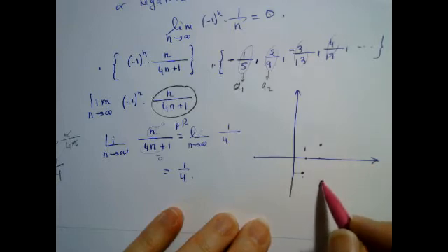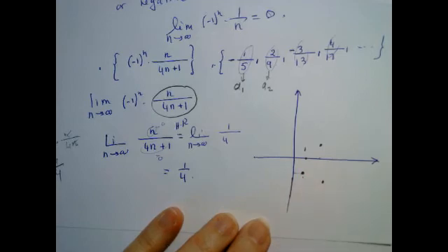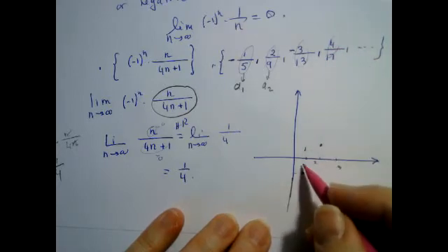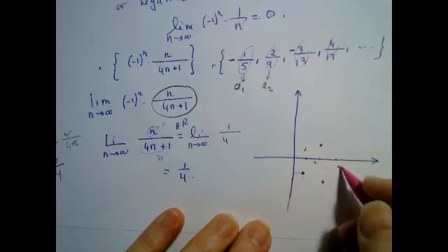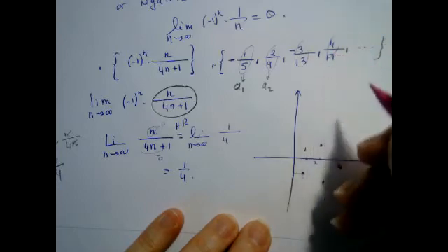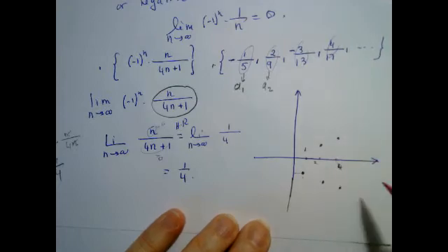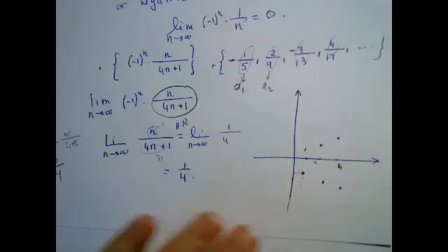Now, when your classmate says that 3 over 13 is bigger than 1 over 5, he was right, but things are not blowing up. So this is 1, 2, 3. This is 4, which is 4 over 17. And then we're going down. But as they are increasing, what's happening to them?